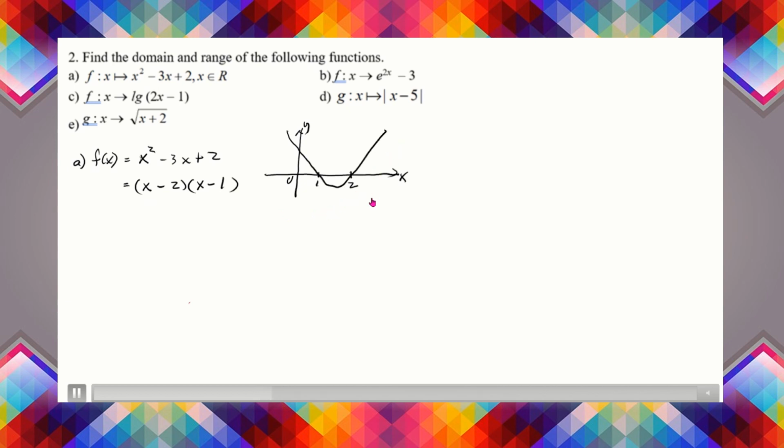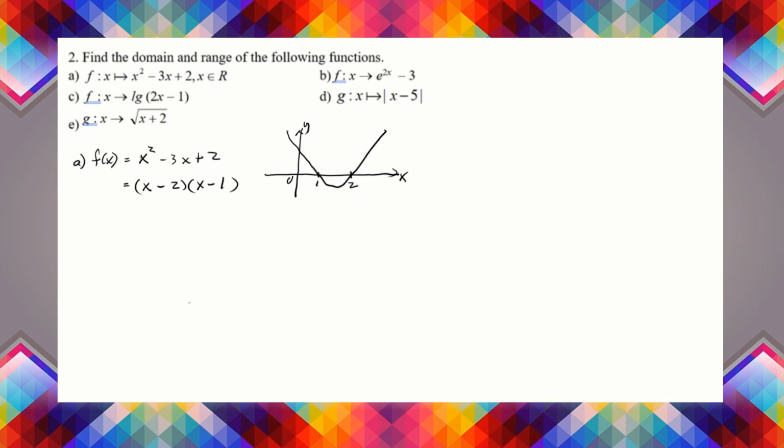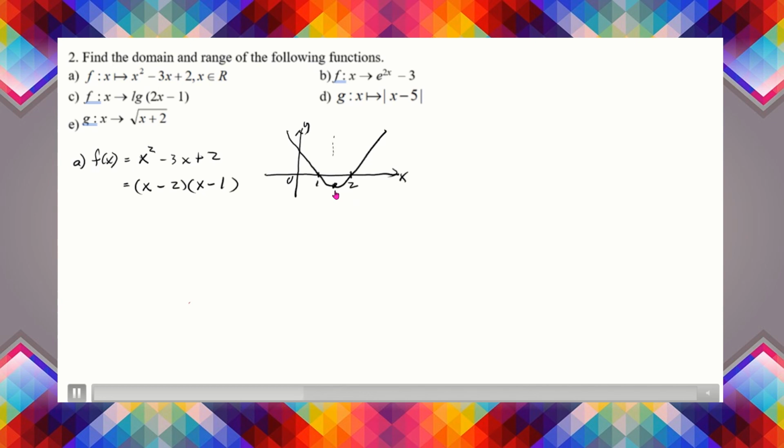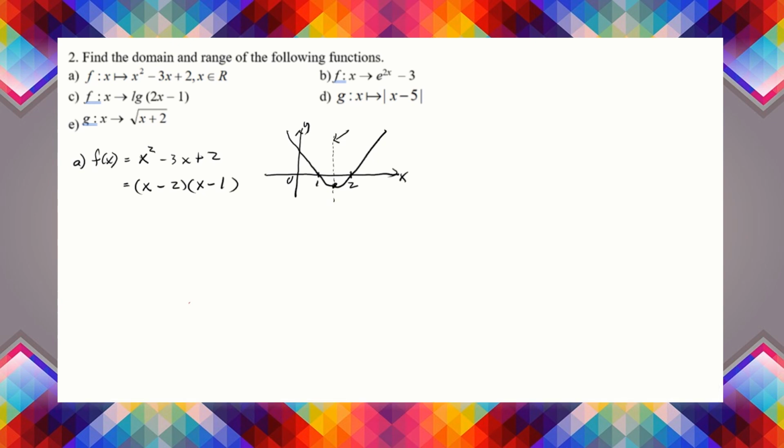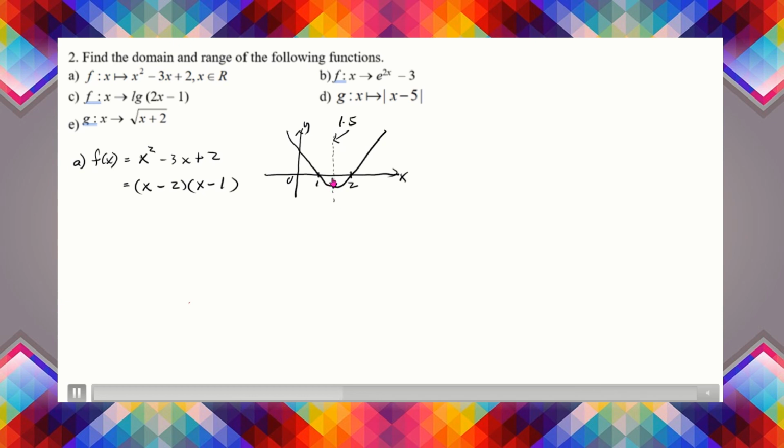Then after that, we need to find the value of the minimum point, and we know that the minimum point is at the axis of the U shape. In order to find this value, that is the value in between 1 and 2, so that is 1.5.